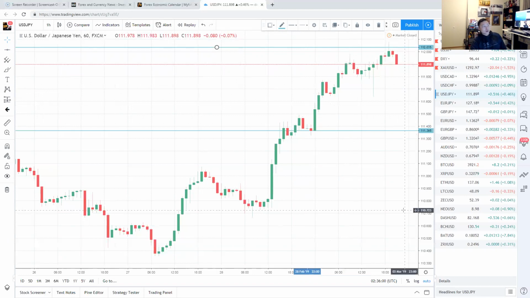Very, very important to line up your 15-minute with your 1 hour. If you're using indicators, moving averages, alligators, Bollinger Bands, RSI, MACD, I can't stress enough, you're going to have to figure out what your primary indicator is and what your secondary indicator is that you follow the most.